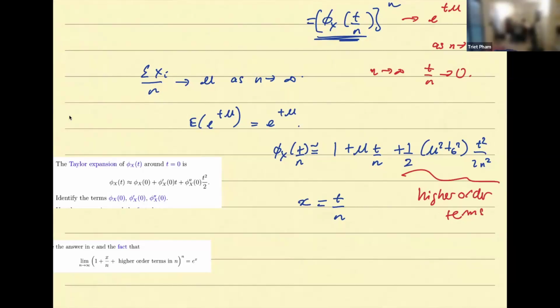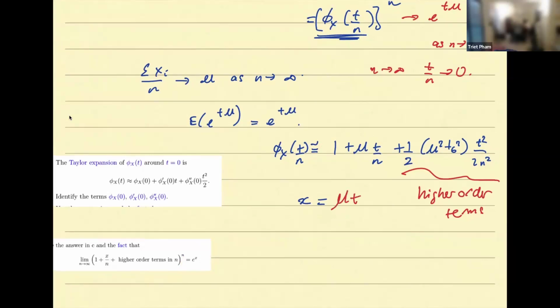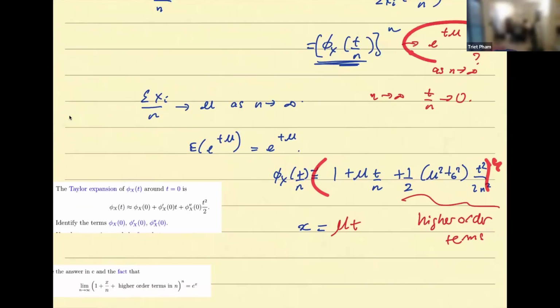So according to this result, the limit as n goes to infinity of this raised to the n power is e to the x. Sorry, I'm talking nonsense. X is mu times t. So the limit of this as n goes to infinity is e to the t mu. Okay. Any question about this?